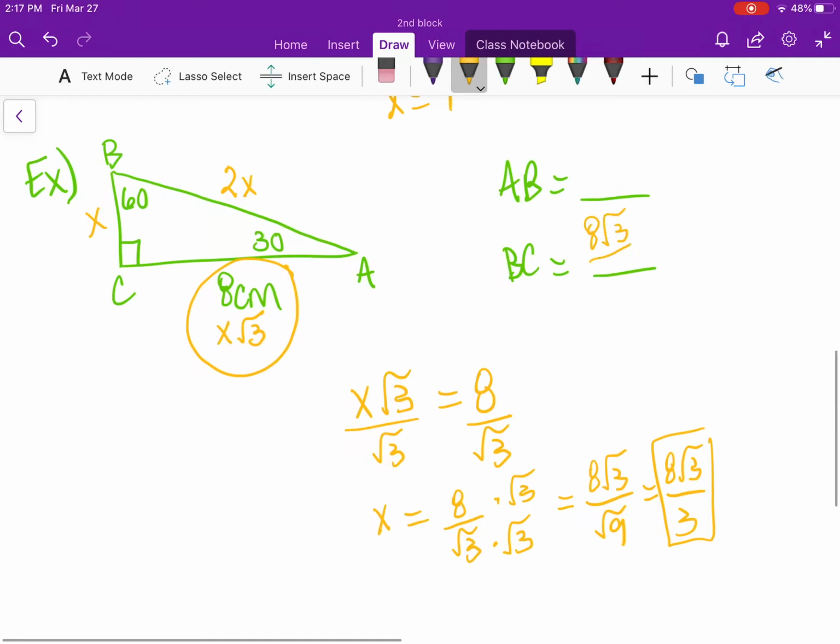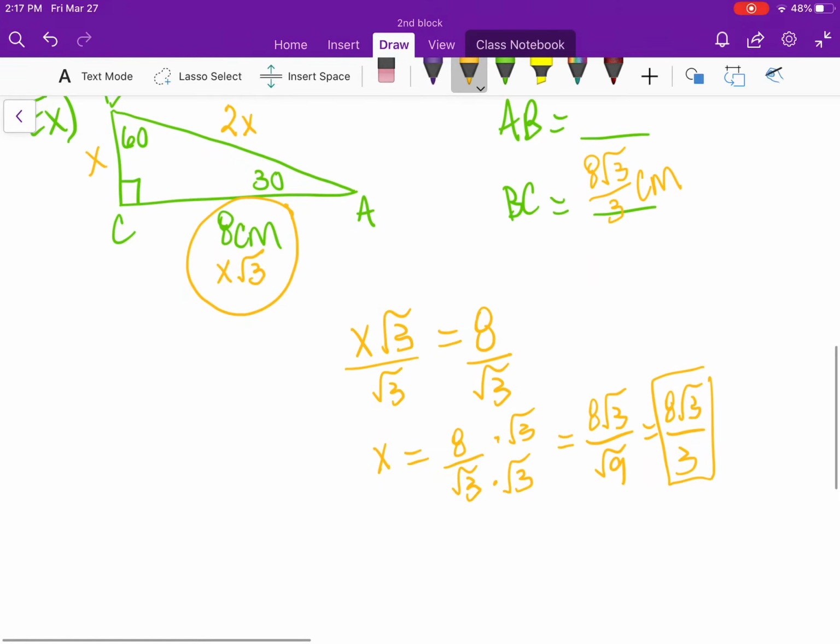So I'm going to put 8 radical 3 over 3 here, and this is centimeters. If it just asks you to do the decimal value, then you can type in 8 divided by radical 3 on your calculator. You don't have to go through all these other steps, and that's going to be about 4.6. So I could say 4.6 centimeters.